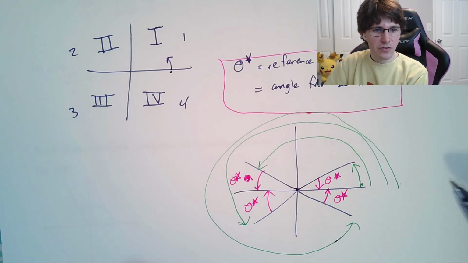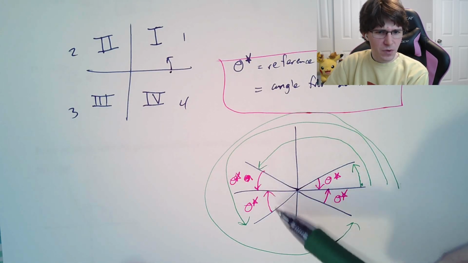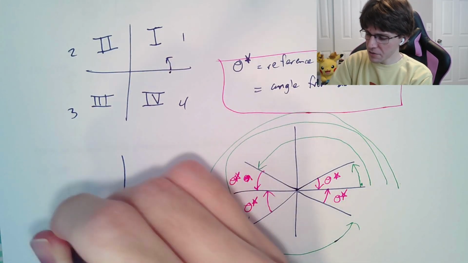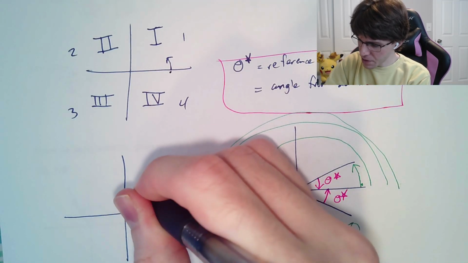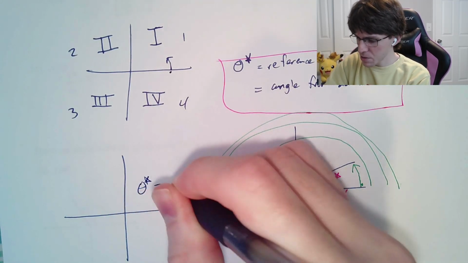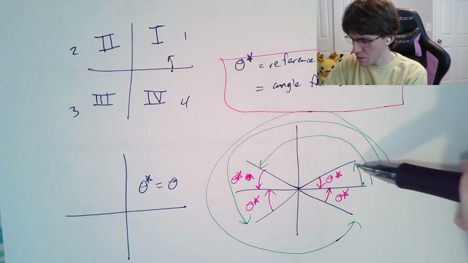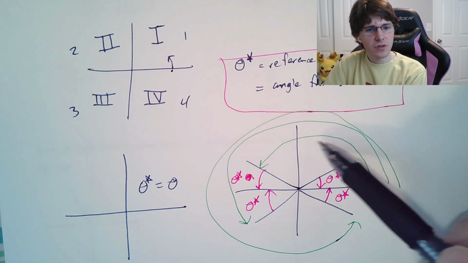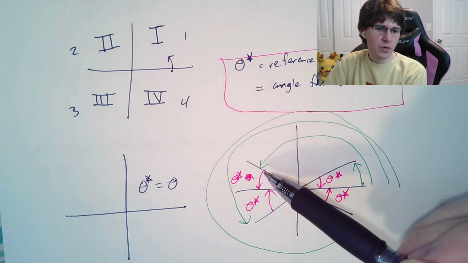Because we have all these 4 different possibilities, the reference angle is simply what is left over. I prefer to simply memorize which one is which. In the first quadrant, theta star is always equal to the original theta. It's the easiest one. You can see that this angle here and this angle here are identical. But for the second one over here, we have this full top here, creates the whole thing, but we just want what's left over.